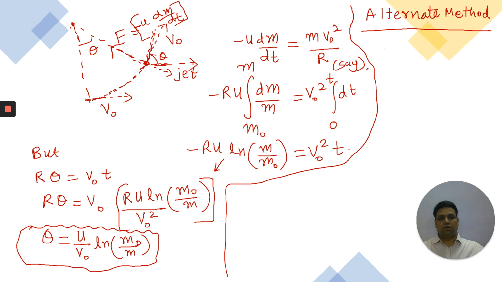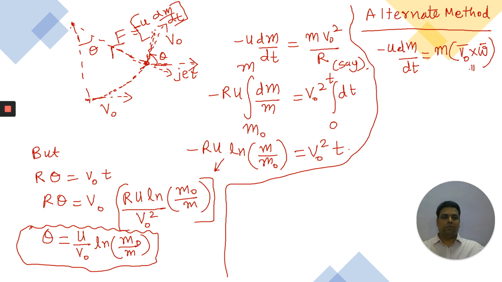So we got that minus u dm by dt is the force. We can write that as m times v bar, that is v naught bar cross omega bar.